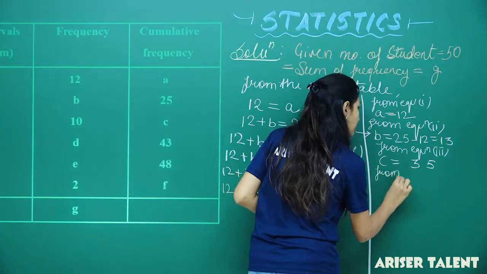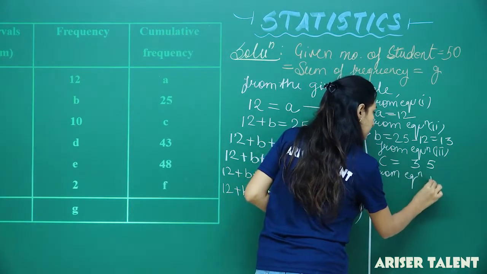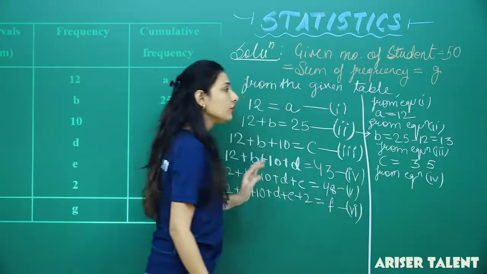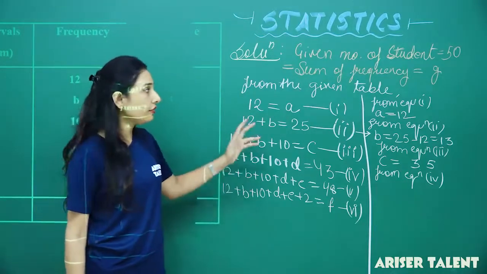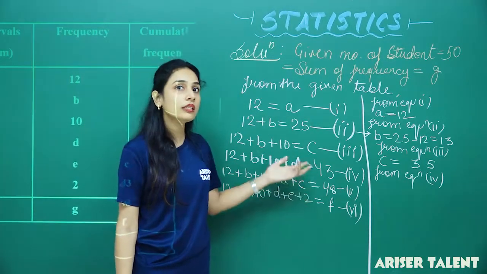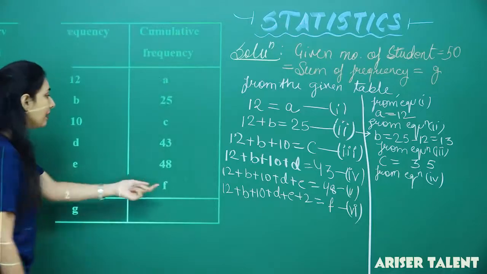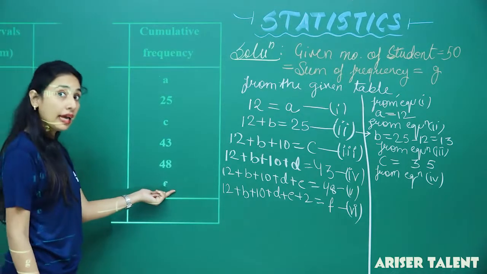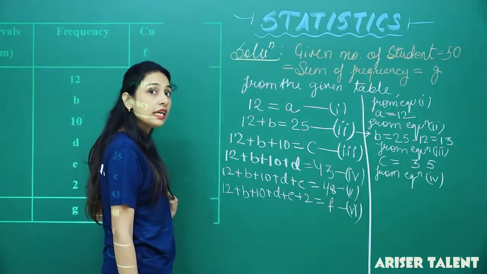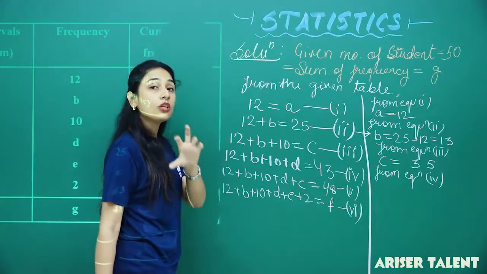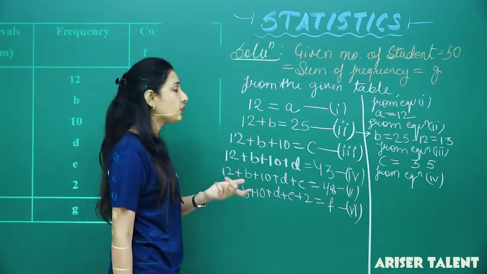From equation 4th, how are you going to know if your equations or the values you are getting are right or wrong? Simply you will get the value of F as 50, which is the value of G, and which is given as the total number of students, that is 50 students. Okay.